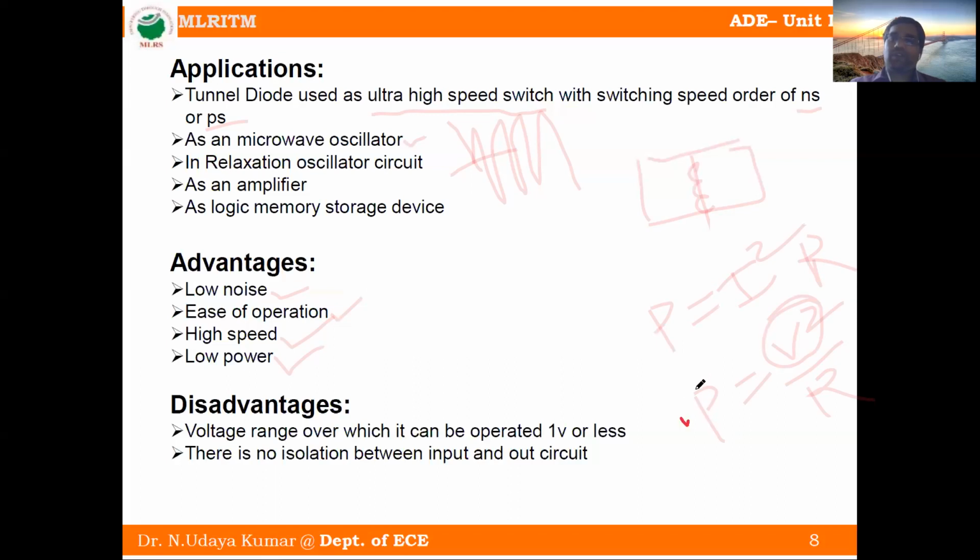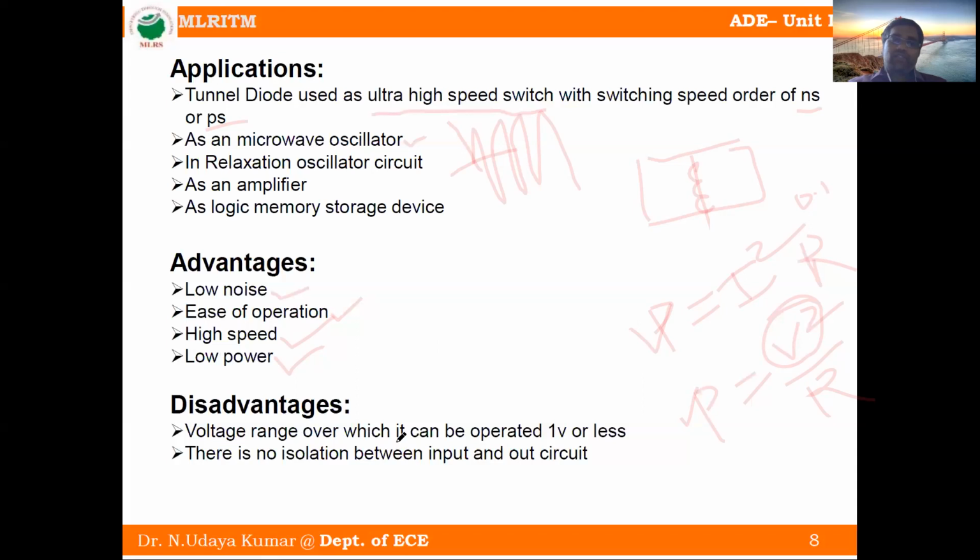Here, less power means voltage is very small, approximately 0.1 volts, and we get more current. So less voltage means power is very low. Next, disadvantages.